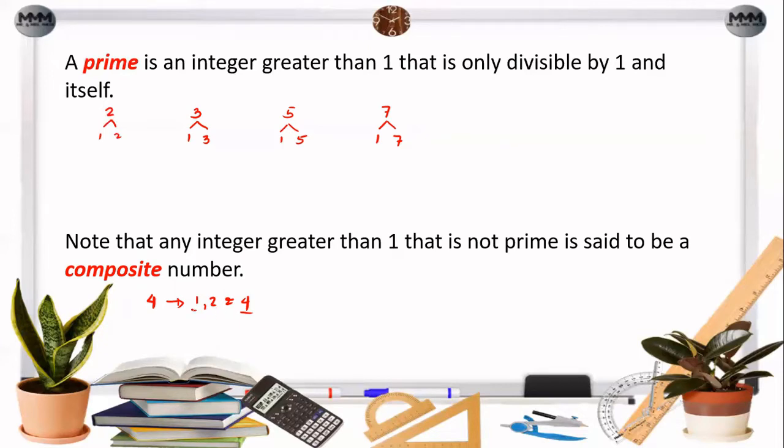Follow? So it has here 3 factors. Hence, this is not a prime number. Another one is 6. Because 6 has 1, 2, 3, and 6. So these are the factors or divisors of 6. Hence, obviously, this is not a prime number. Hence, this is a composite number.